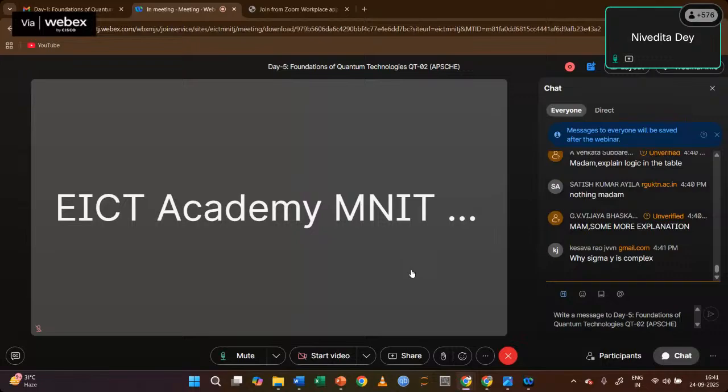Sigma y is complex because it is in the xy plane of the Hilbert space. Everything is in the complex plane, right? So sigma y is something that enters into that plane where we have to introduce the i coordinate, the i conjugate, into the picture.